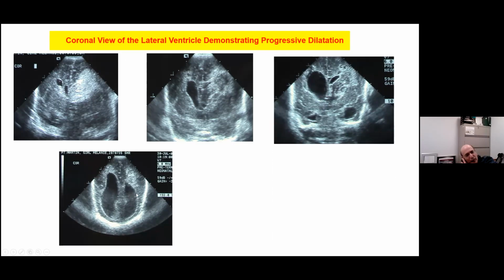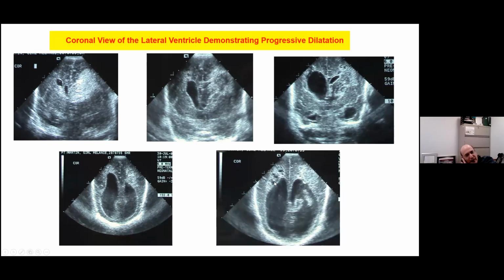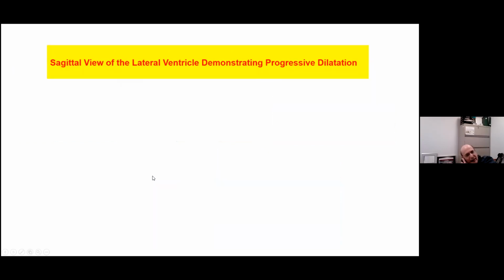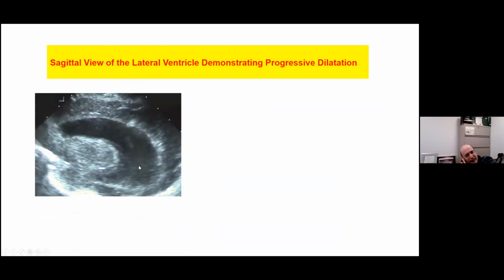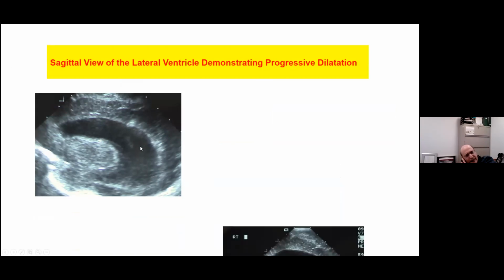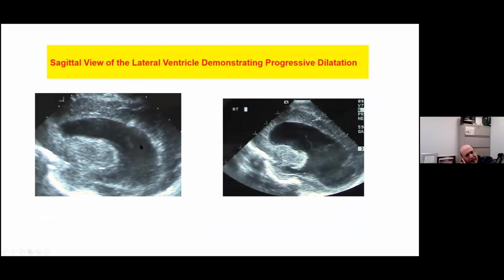And now if you go more posteriorly, you can see the size as it gets bigger, and then you see the cysts. So this is an evolving lesion over time. If you look at the lateral, this is left lateral, right lateral ventricle, and you can see that it increases. This is a communicating hydrocephalus. There are two things that are happening in this brain.